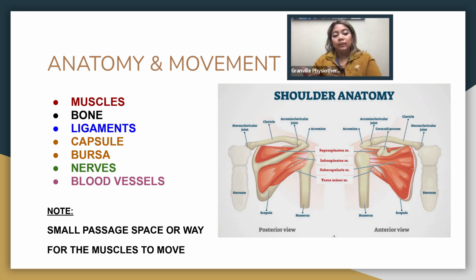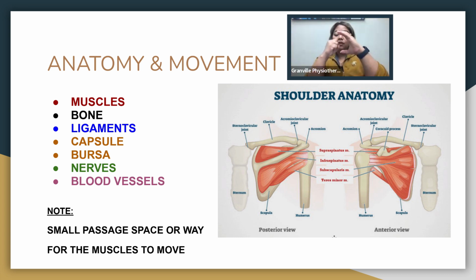There are also the ligaments, which are the structures that connect bone to bone. Mostly these structures are not contractile, so they're just like tape, there to maintain the stability and the positioning of the bones. There's the capsule, which surrounds the joint so that it stays.